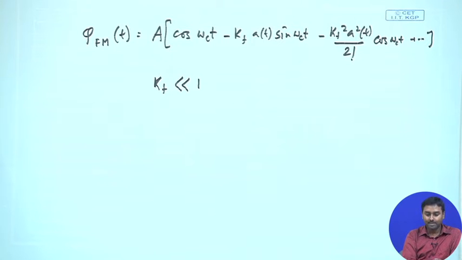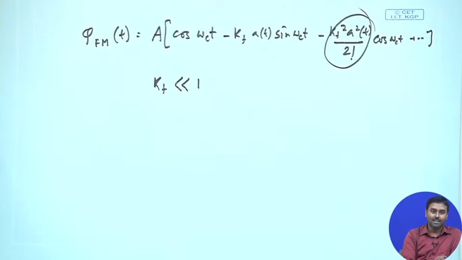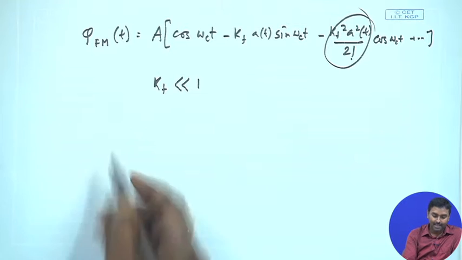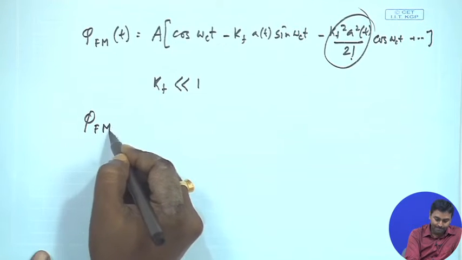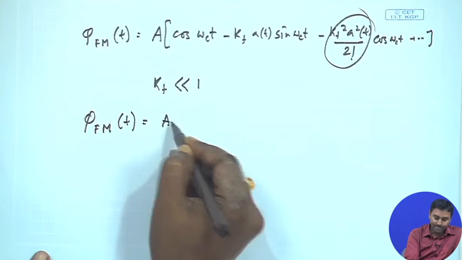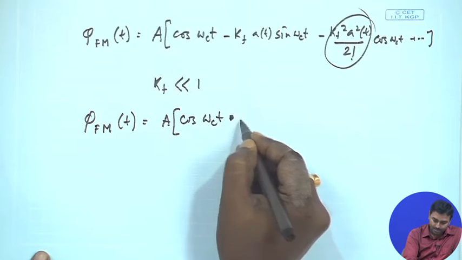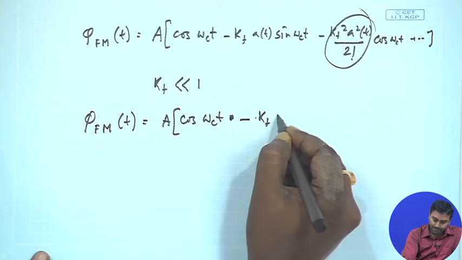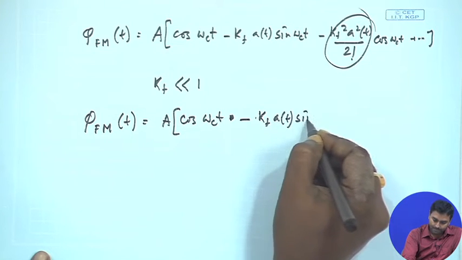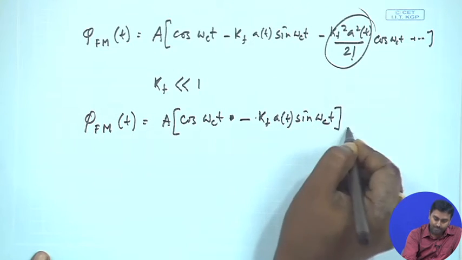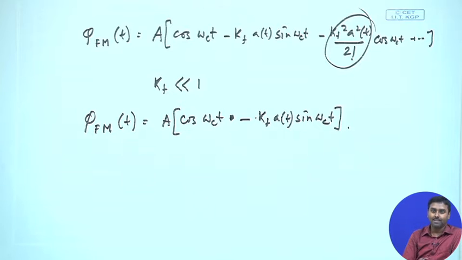Immediately what happens, all these higher terms, square, cube, up to infinity, go away, and the phi FM becomes this. Which is almost like AM.